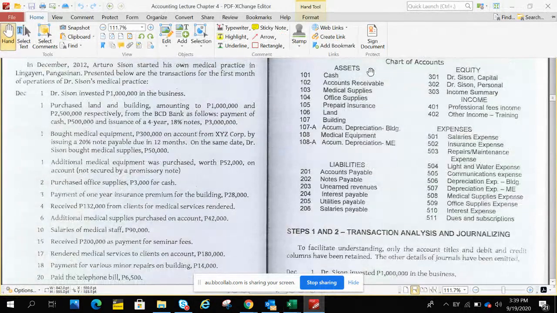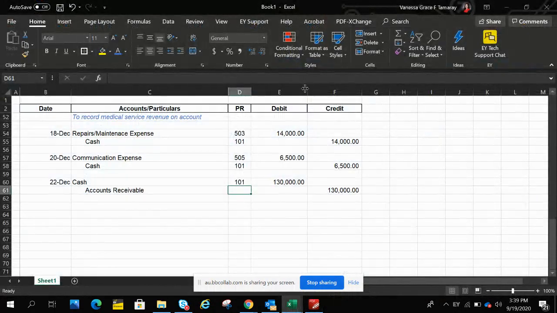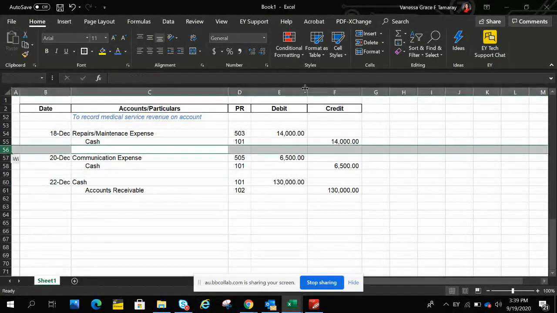The number 102. Ay, hindi na pala natin nalagyan ng description ng iba.